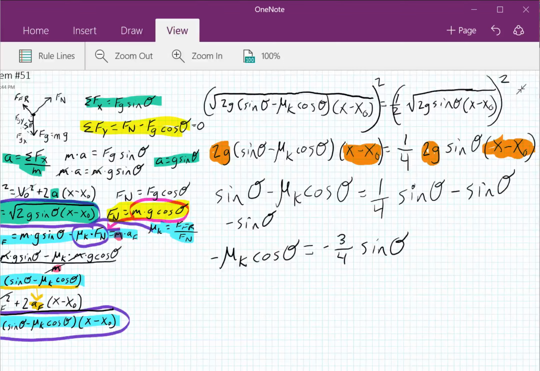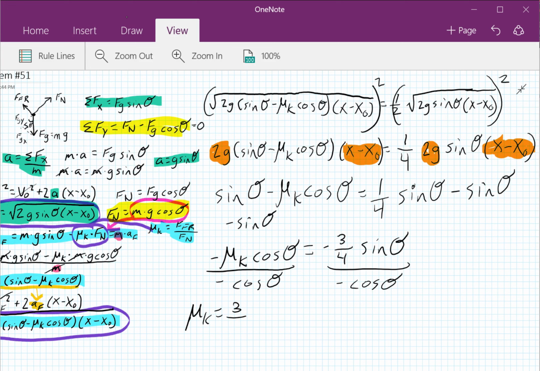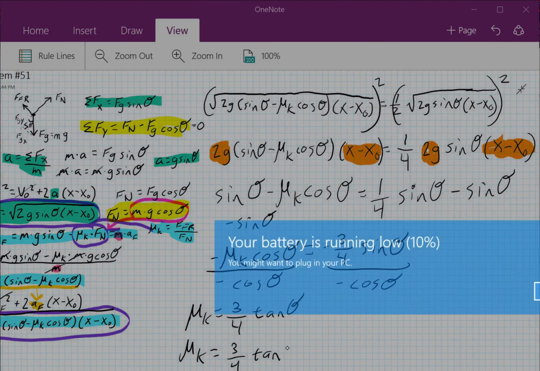Now we can divide by negative cosine of theta. So you have the coefficient of kinetic friction equals a positive 3/4 the tangent of theta. And look at that. We have theta, so we can figure out that value. You have the coefficient of kinetic friction will be 3/4 the tangent of 28 degrees.